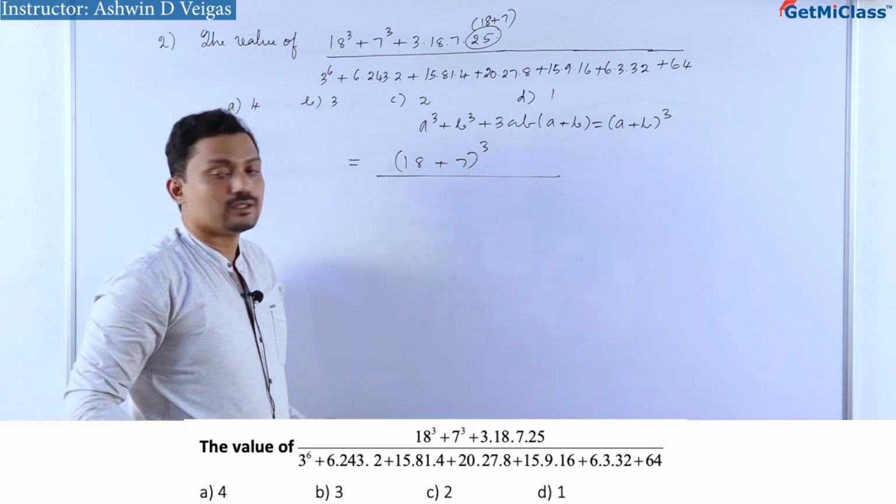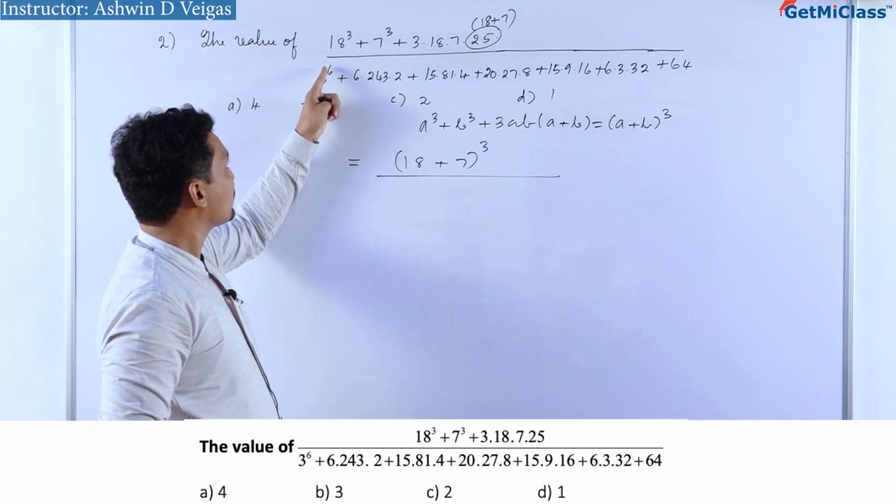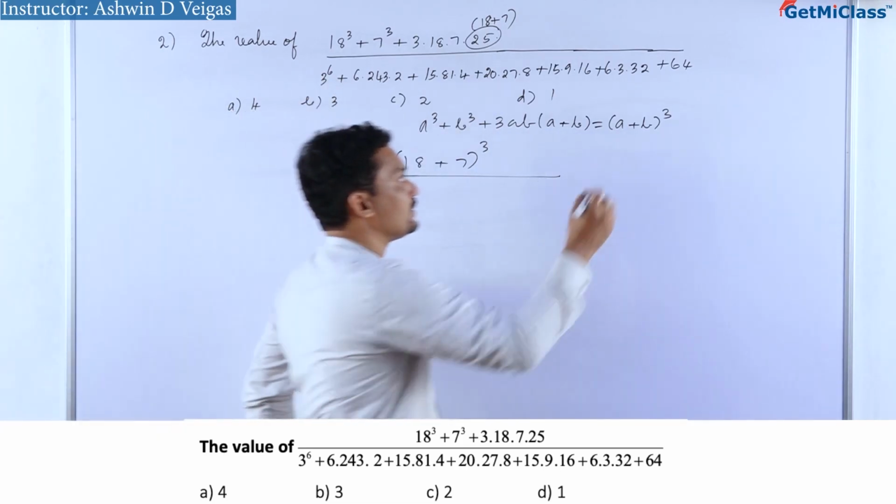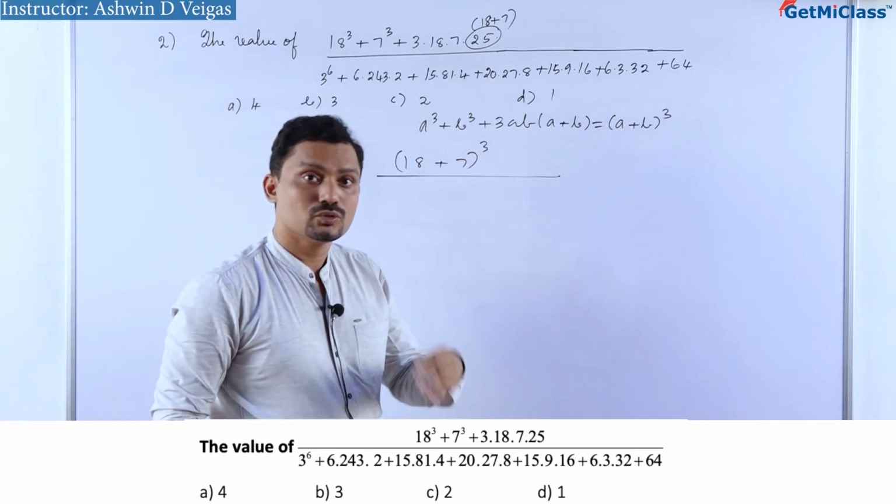Now, if you look at the denominator, the first term is 3 power 6, and the last term 64 can be written as 2 power 6.